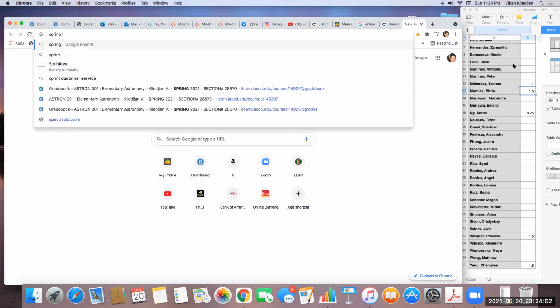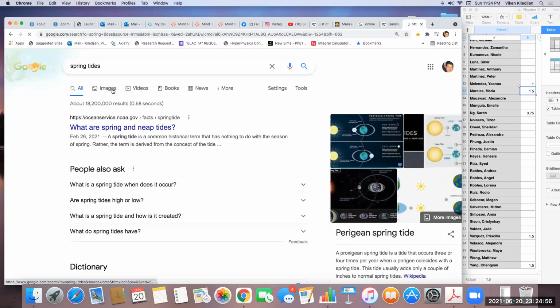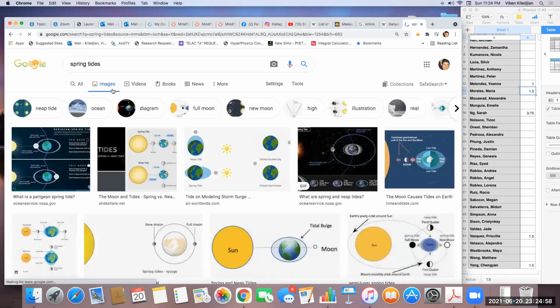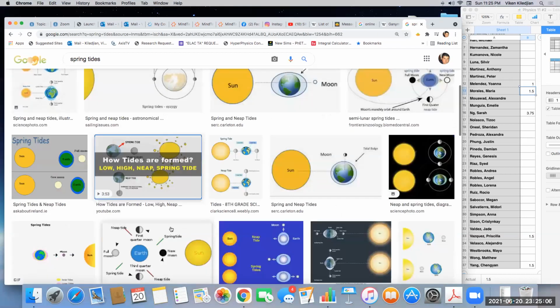Spring tides. I'm trying to show you a more exaggerated picture so you can see.